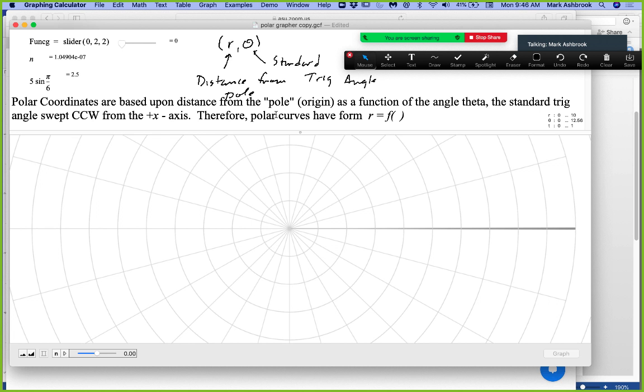Okay, but here's the thing to watch out for. When we list ordered pairs in polar coordinates, we put r first, and then the angle second. So when you see them listed, they'll be listed that way. But really, that's backwards from how we think. When you think about plotting points and plotting graphs in polar coordinates, the angle comes first. Angle comes first. So let's see that.